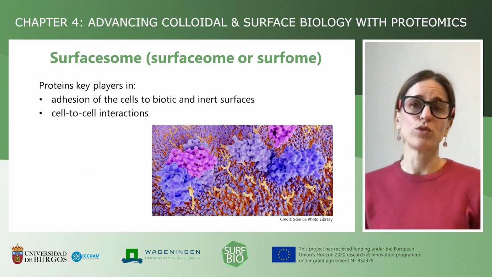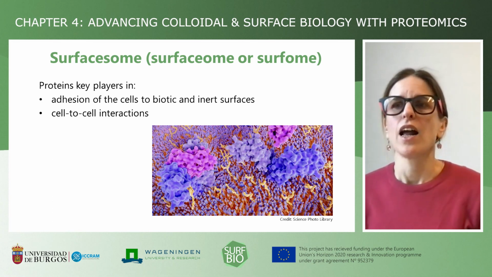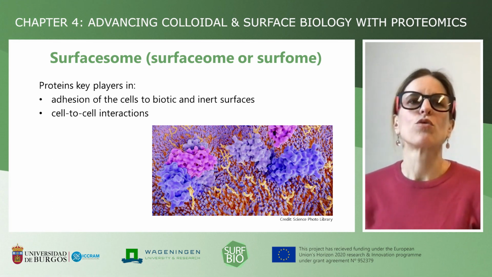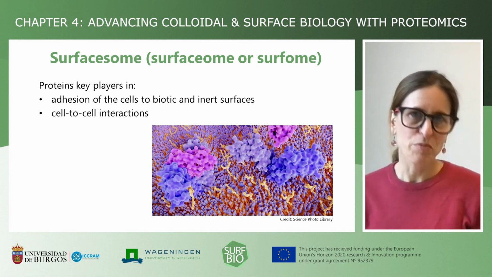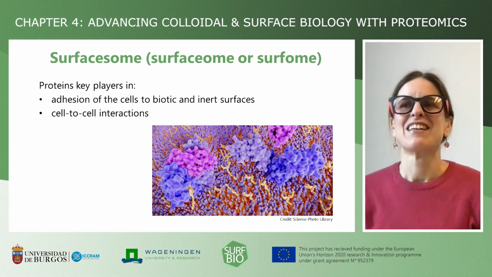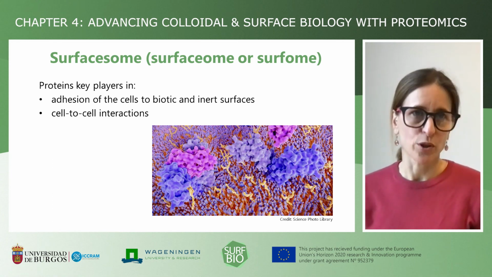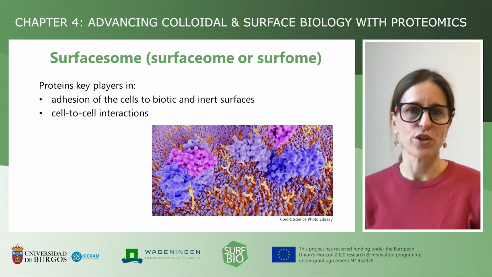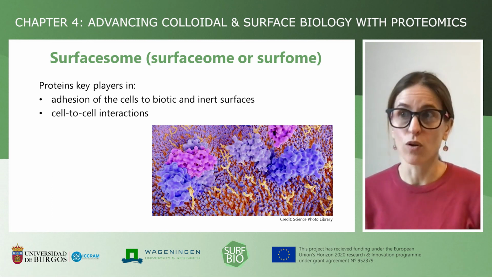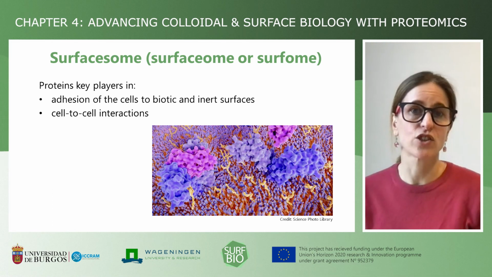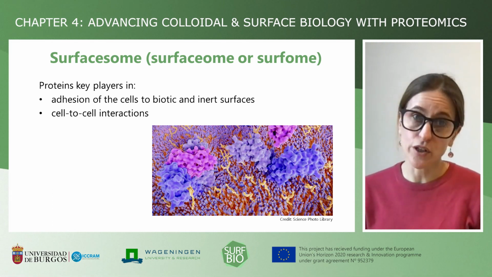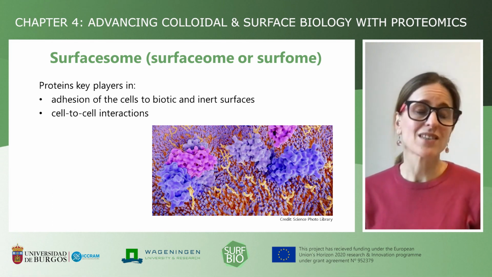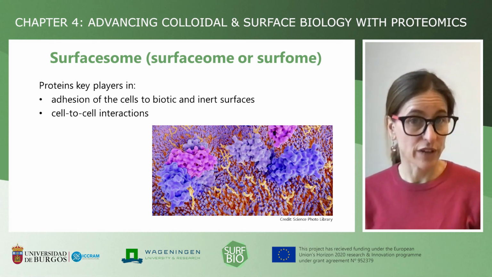Now, let's move to the surface of the cells and look at what is called the surfacosome, or surfome. By looking at this subproteome, we can obtain information on proteins involved in adhesion of the cells to biotic and inert surfaces, and proteins that mediate cell-to-cell interactions.